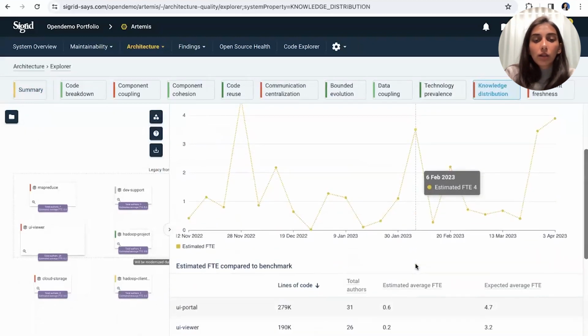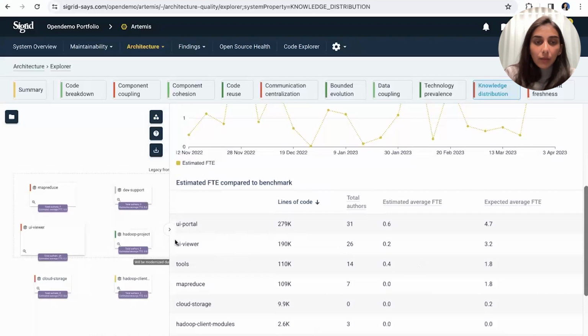How that works is, for example, let's take UI viewer. UI viewer has an estimated average FTEs of 0.2, and the expected average FTE is 3.2. So if this is 0.2, then you are penalized because we expect 3.2, and 0.2 is very low compared to the expected number. But if it was, let's say, 6.2, then it would be the same.